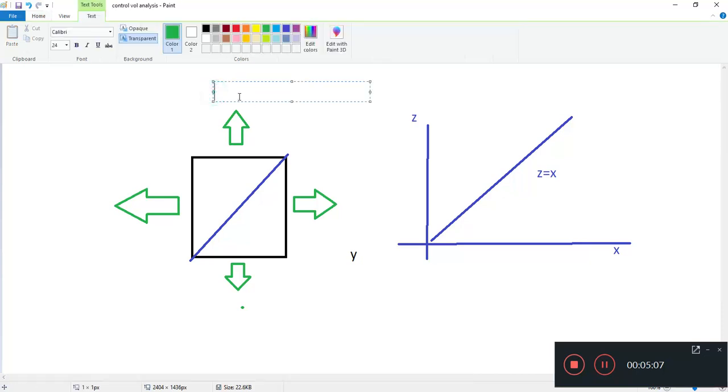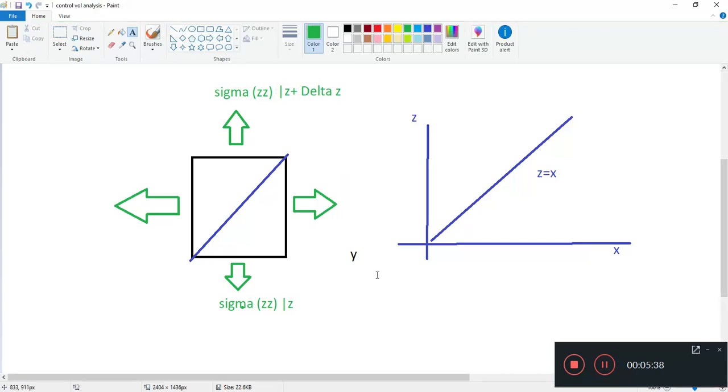So this is, as we learned in the last video, sigma zz. It's acting on the plane perpendicular to z and in the z direction. And this is also sigma zz. But these two sigma zz's are slightly different. One is evaluated at z, and this is evaluated at z plus delta z.